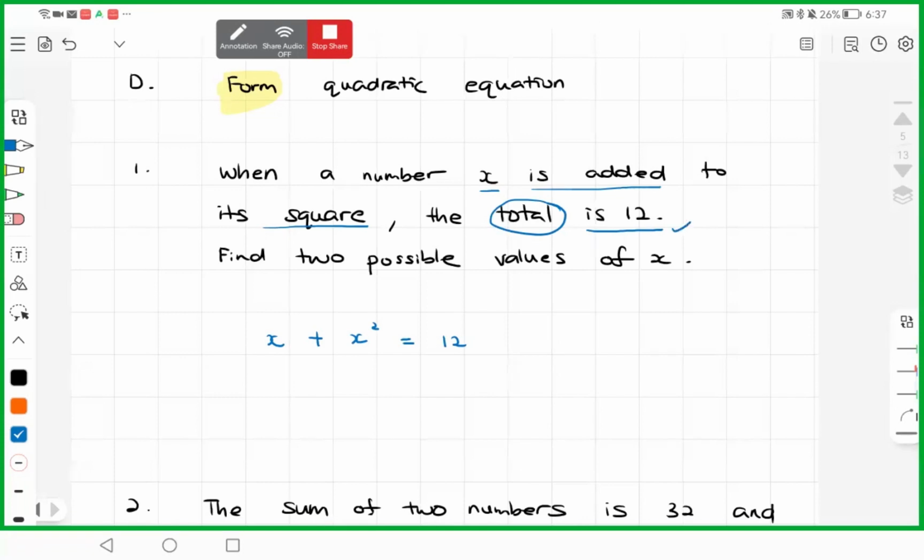Once you have the equation ready, find the two possible values of x. So just proceed. Rearrange: x squared plus x minus 12 equal to 0. And then you can proceed already.